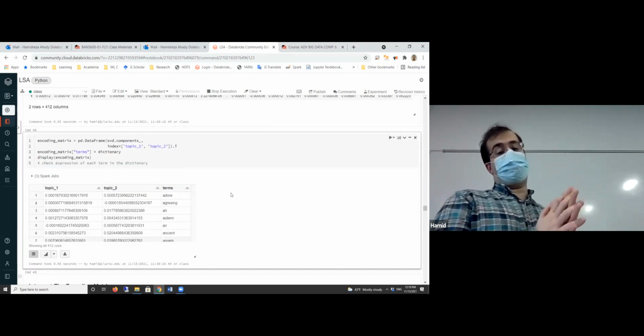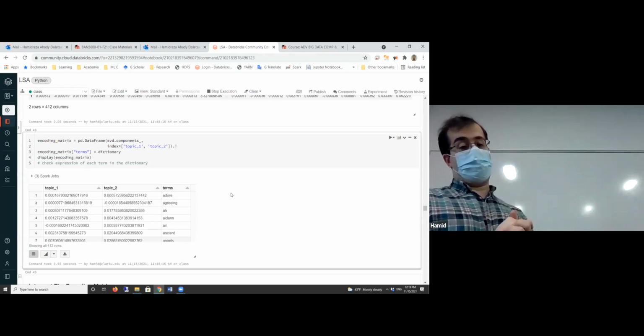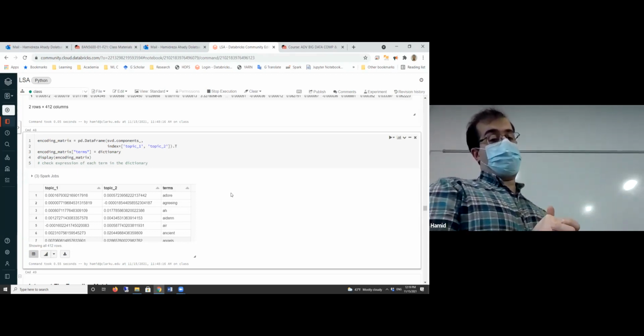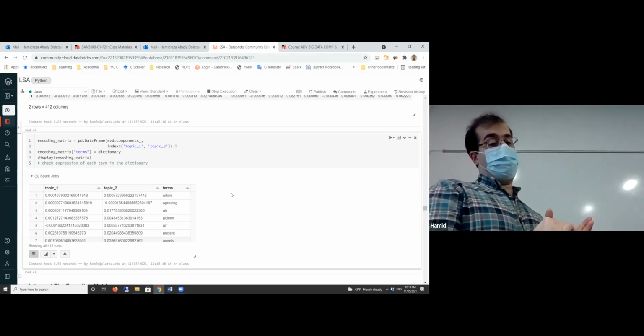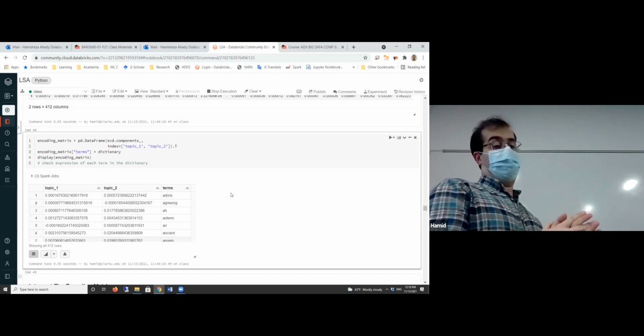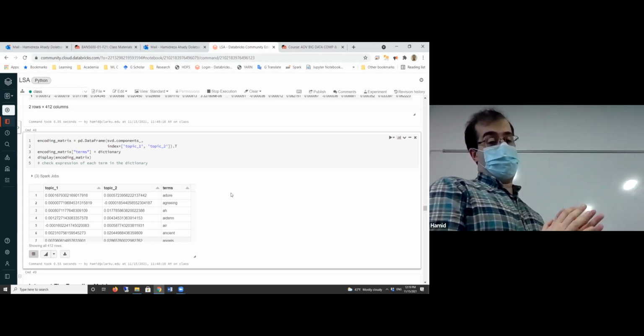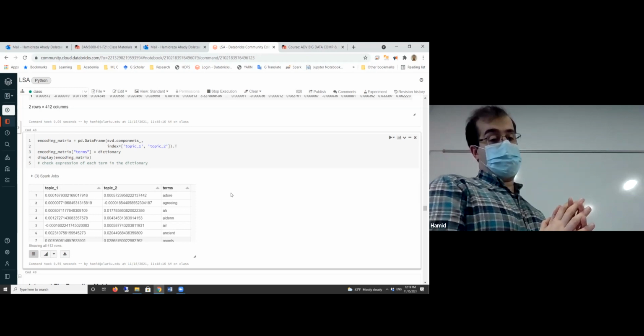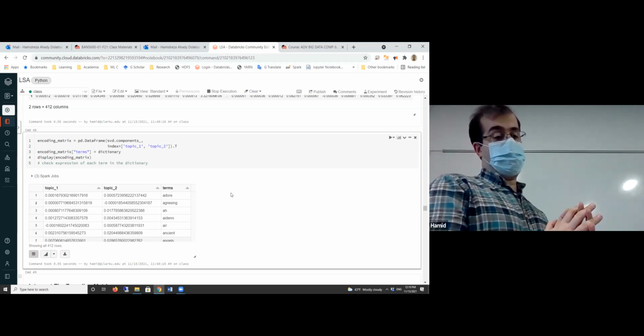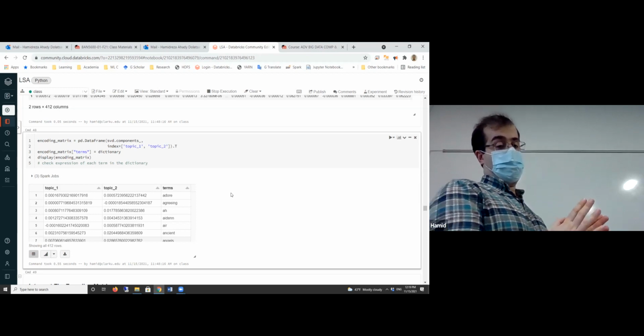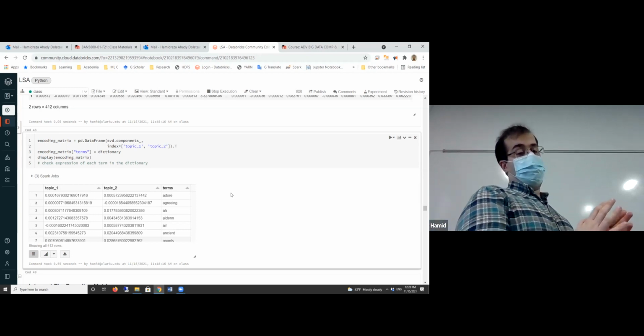Now I put them in a dictionary table. As you see, for each term or token, I have topic 1 and 2 that represent them. For example, the token "adore" is 0.0016 something with topic 1, and with topic 2 it is 0.0057.